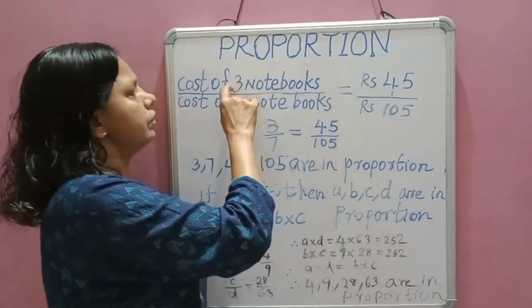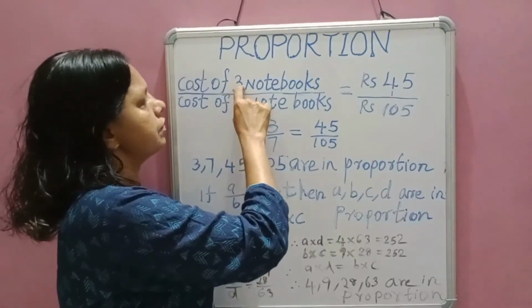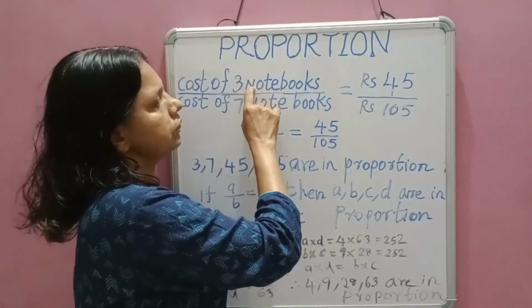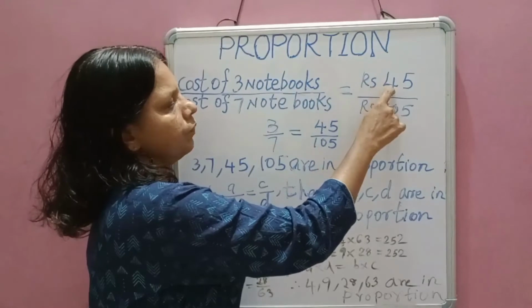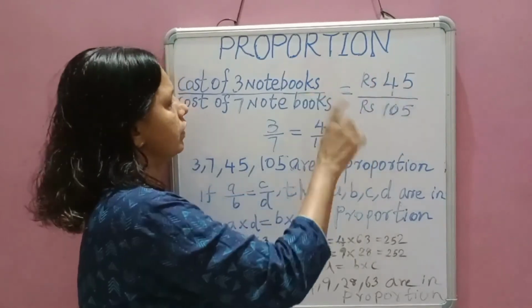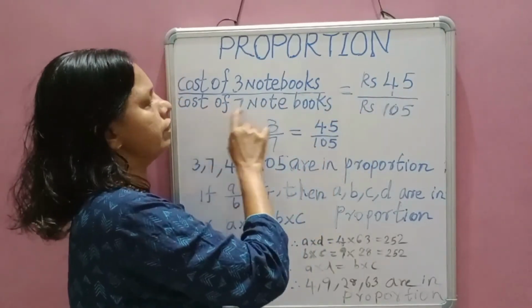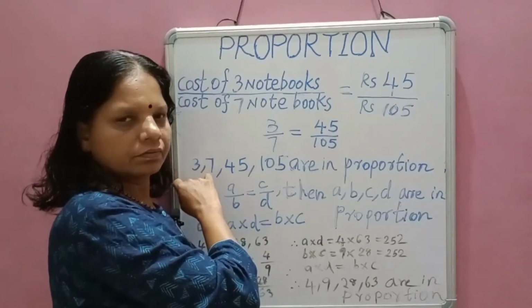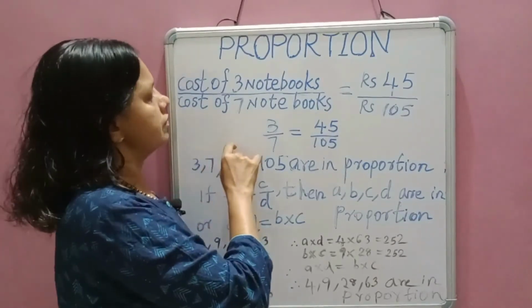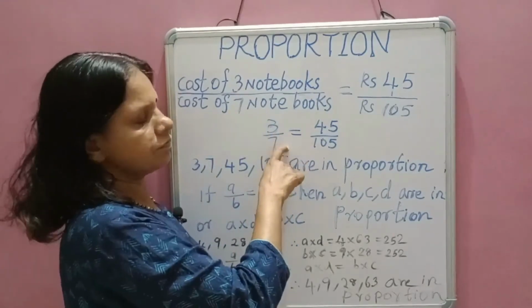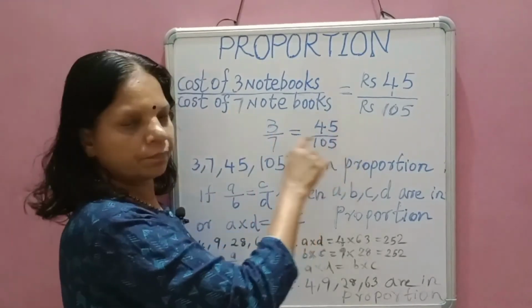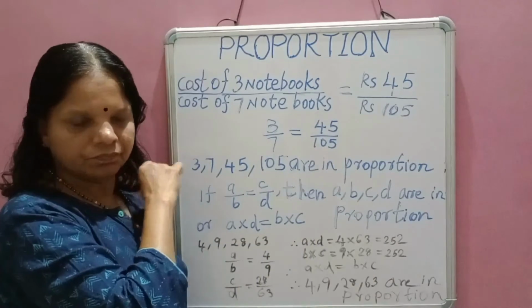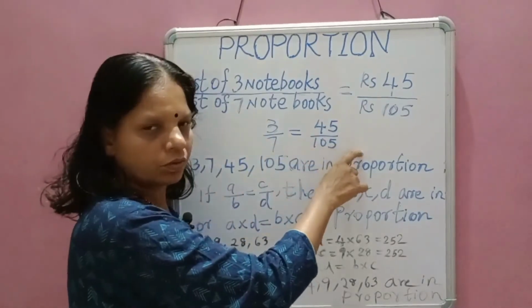So if you know the cost of 3 notebooks is rupees 45, we can find the cost of 7 notebooks. Clear? So what we can say, 3 upon 7 is equal to 45 upon 105. Two ratios are equal.